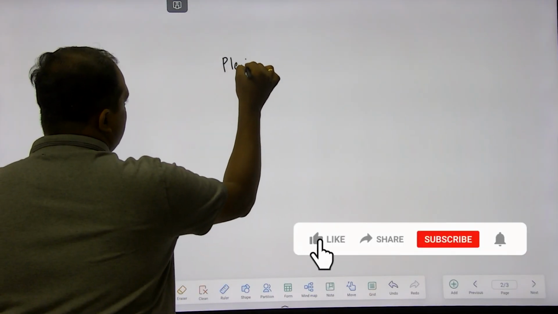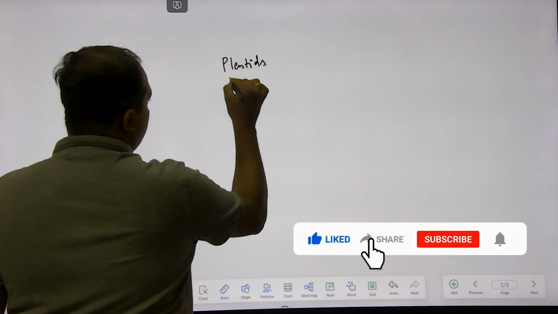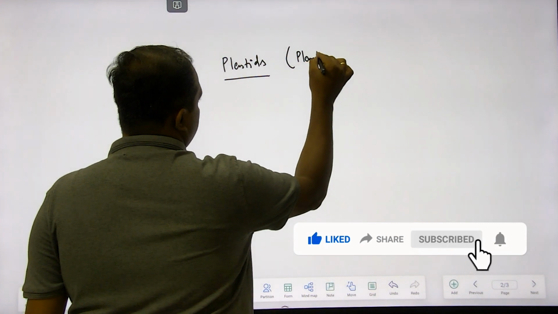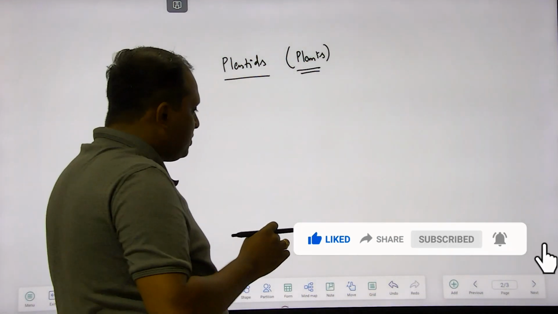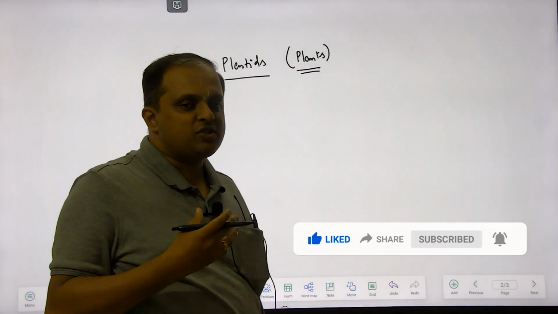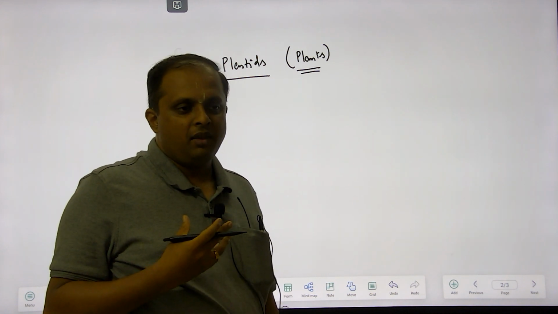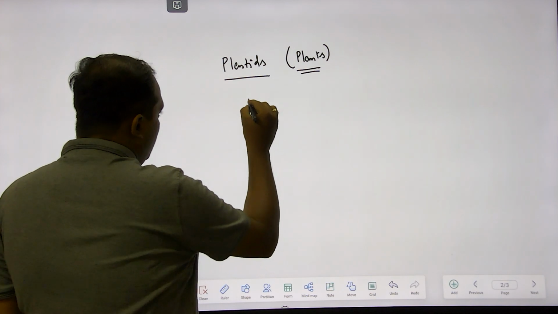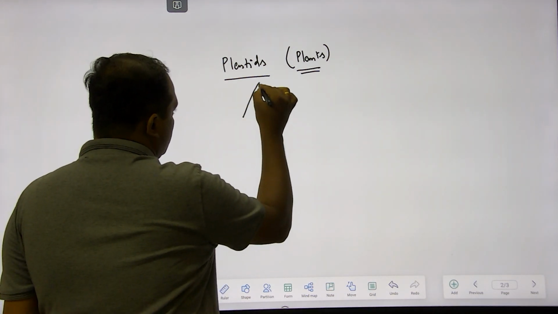Basically, plastids are organelles that are seen exclusively in plants. Plastids generally store some substances. Based on those substances, they can be classified into two types.